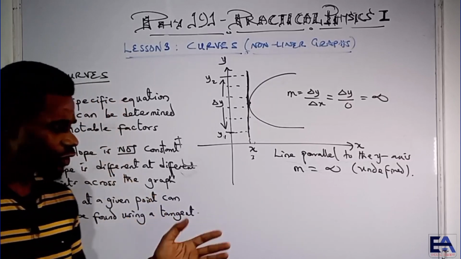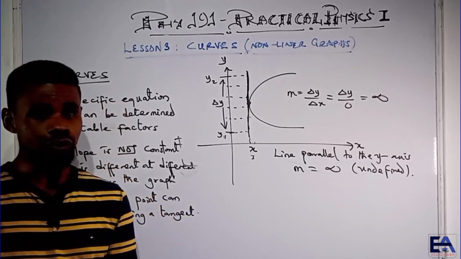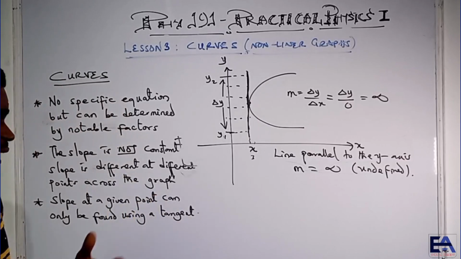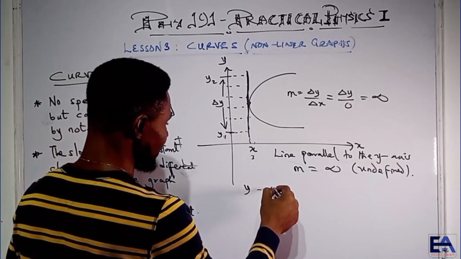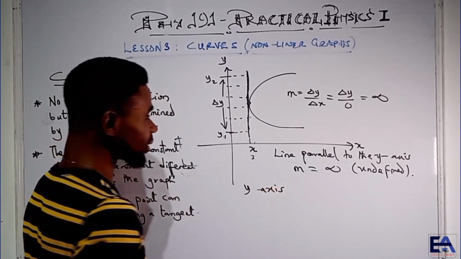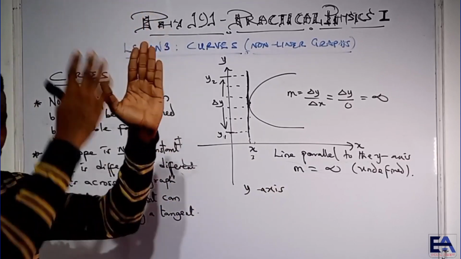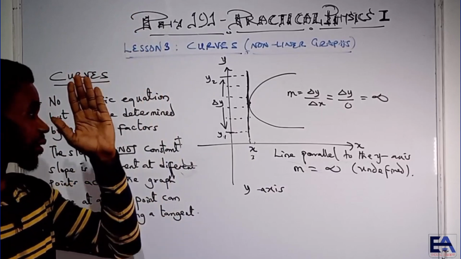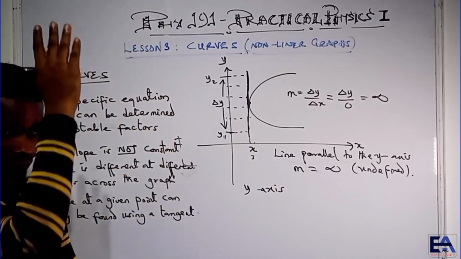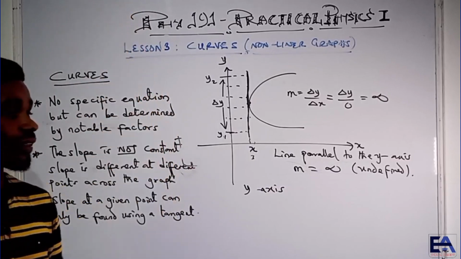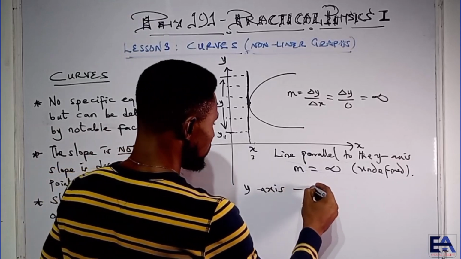Do you understand? And there is something again I still want to tell you about. Well, I don't know if this is important, but any arbitrary vertical line, or any line that is totally vertical, is called an ordinate.